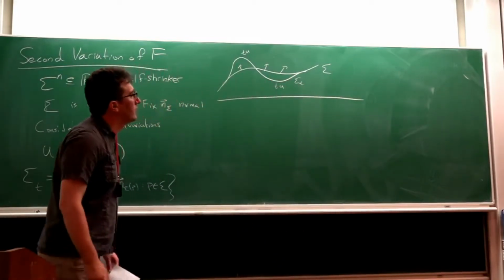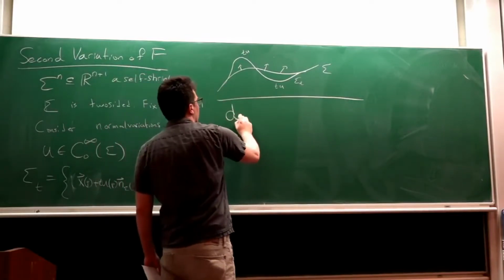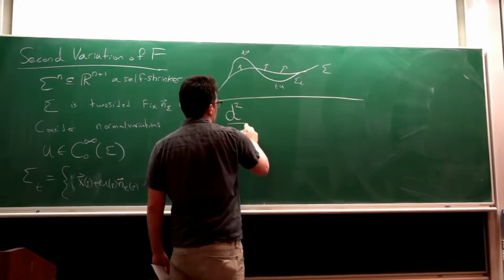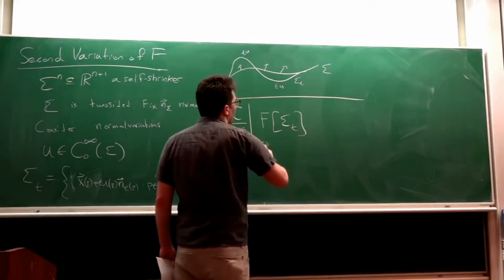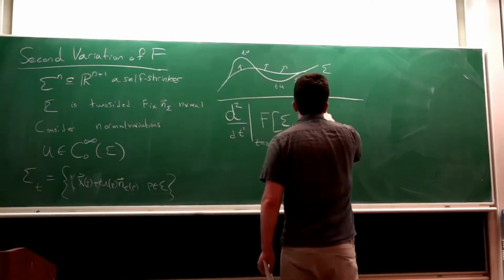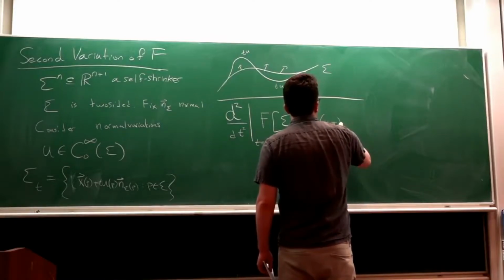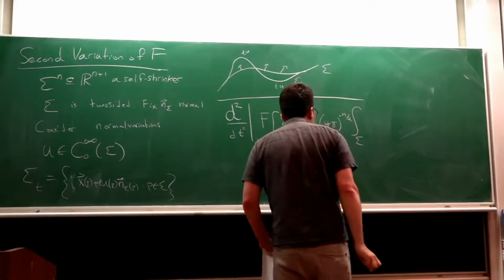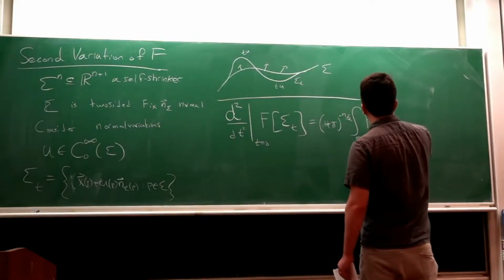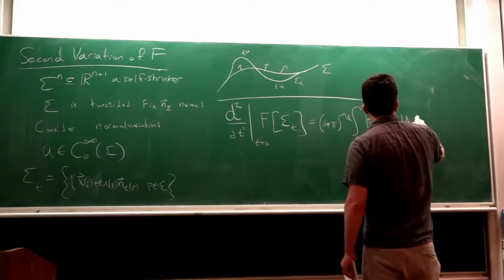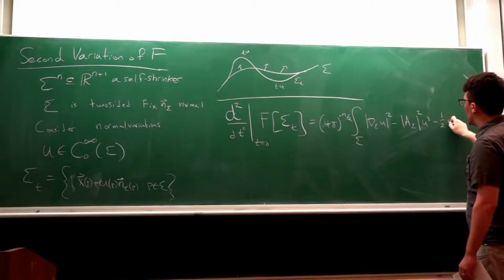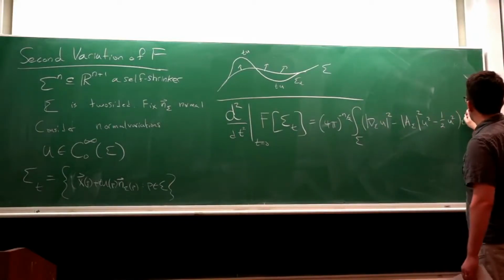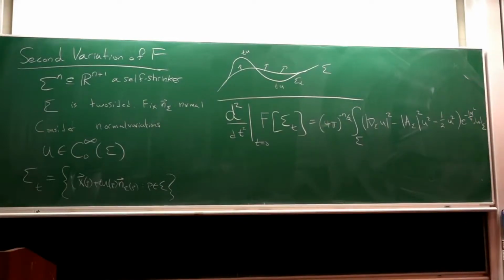Okay, so it's a standard computation, though an involved one, to see that we want to look at the second derivative of the Gaussian surface area of sigma t. One works this out to be the following.